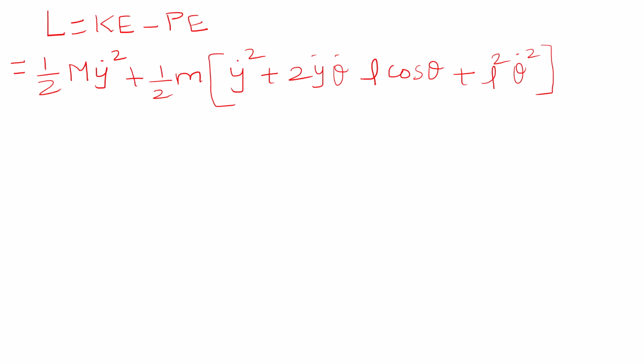Minus the total potential energy: the potential energy of the cart is 0 and the potential energy of the bob we have got as mgL cos theta.